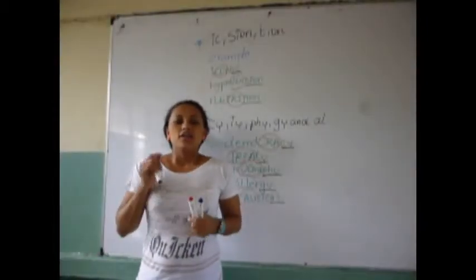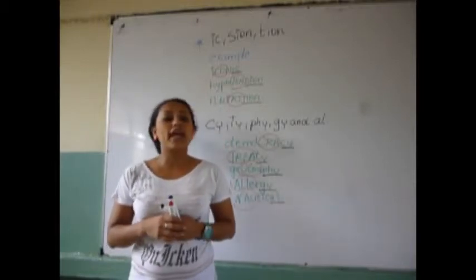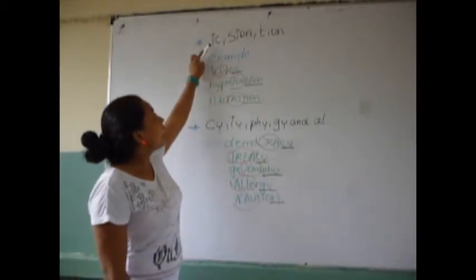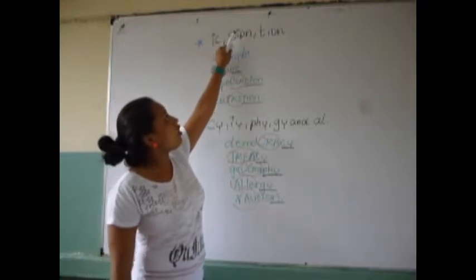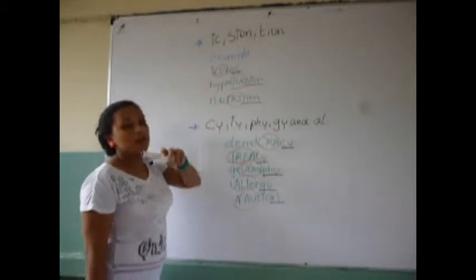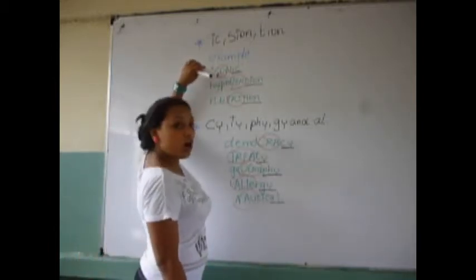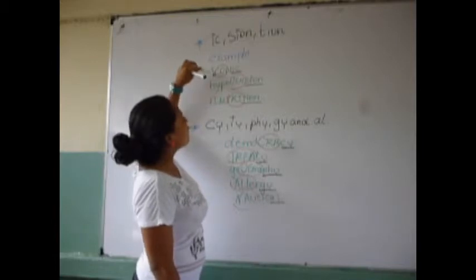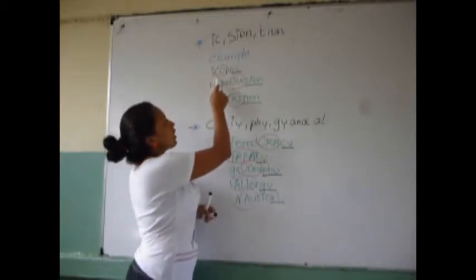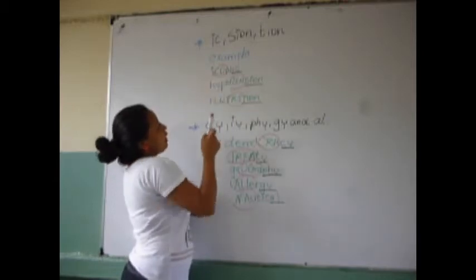Okay, you put the stress on the second syllable from the end of the word. With the suffixes SION and TION. For example, we have the word iconic. As you can see, the stress is before the suffix.